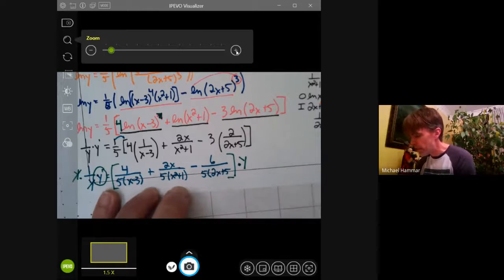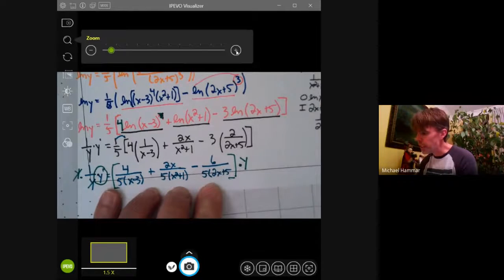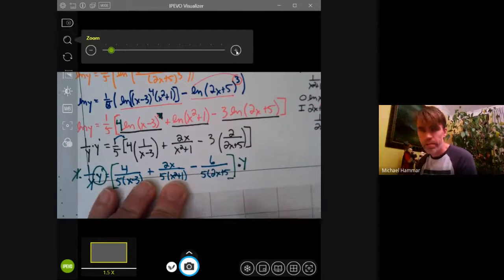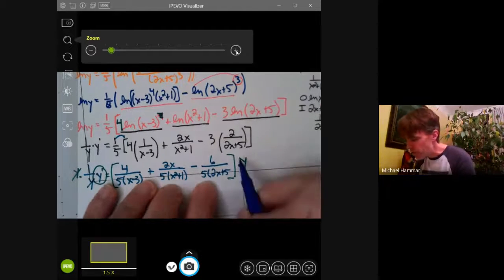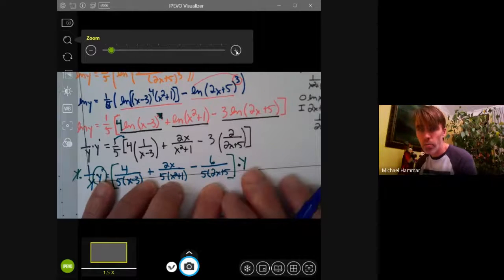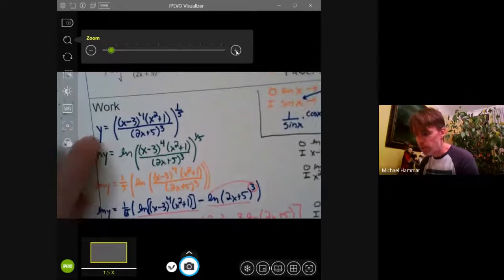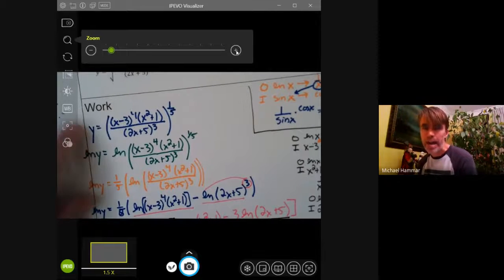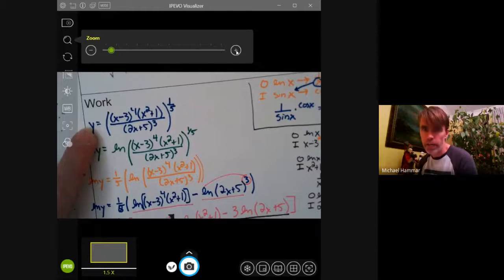Because remember in the beginning instructions, it says only in terms of x. So guess what you have to do? Because you have this y here, we need to replace it with what y equaled in the very beginning. So you have to physically put this back in to your final answer.